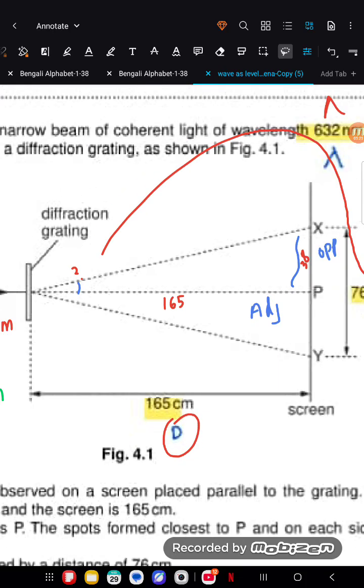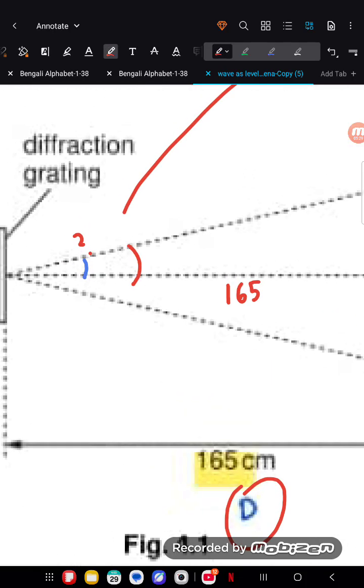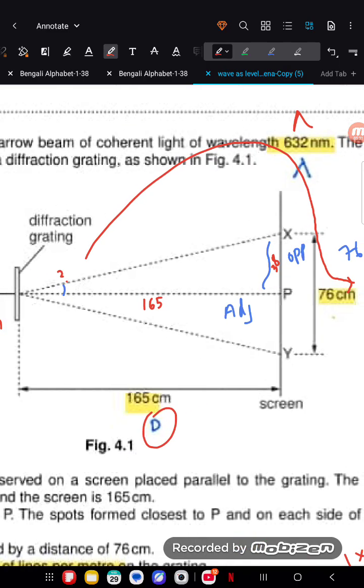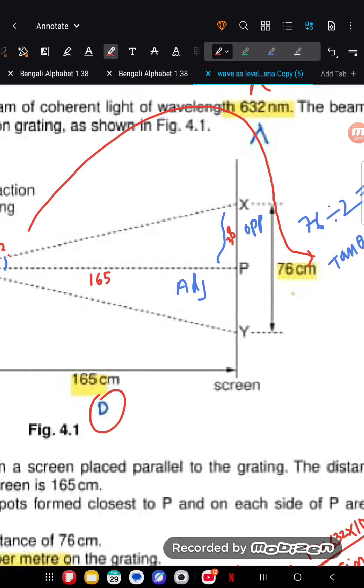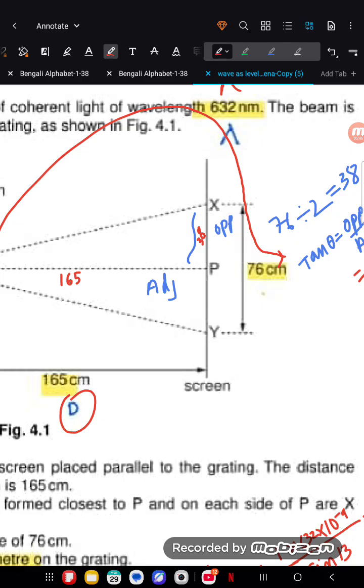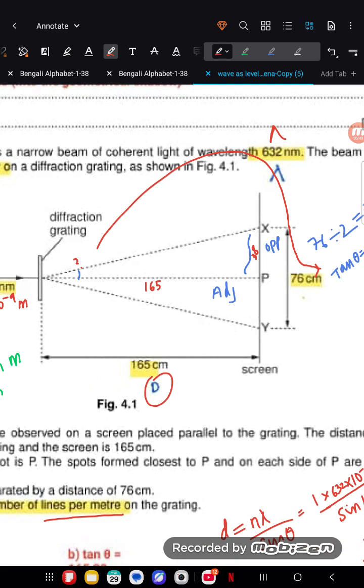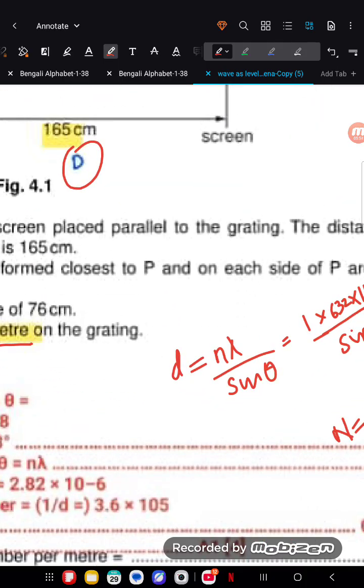So that you can find this angle, because to solve this right angle triangle you need the angle. You know this full is 76 and half is 38, so you can get it very easily. Why do we need this angle? In order to get d, we need this angle.